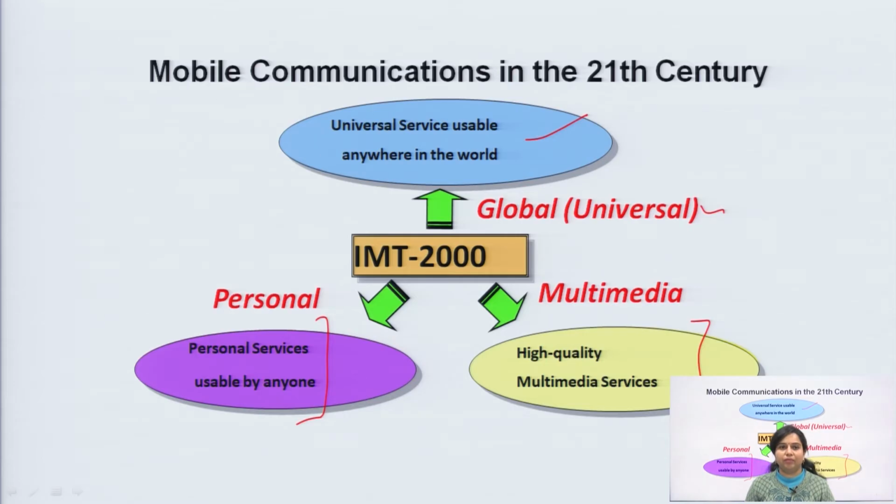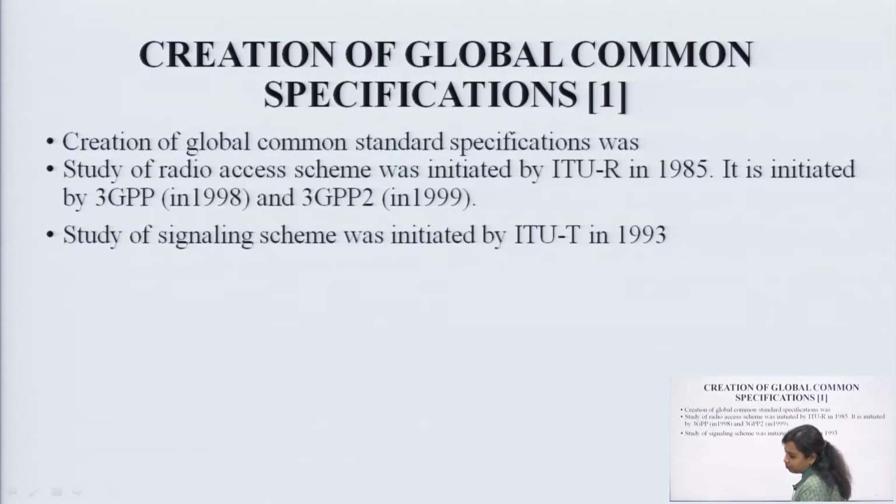So, that comes under multimedia services, that is nothing to do with personal services, or you can say the voice call. So, that is the main idea behind this IMT 2000, and it also supports this globally. So, universal services usable anywhere in the world. So, whatever services are provided in your local area can be accessible in the global area also.